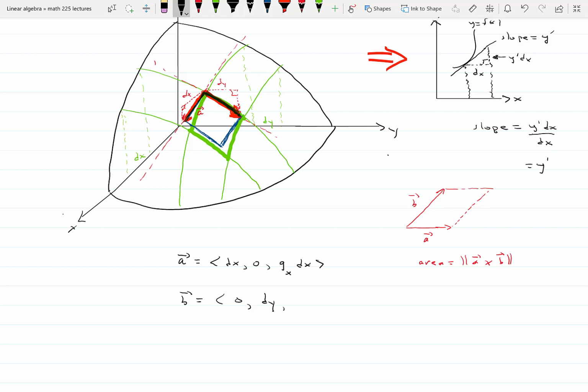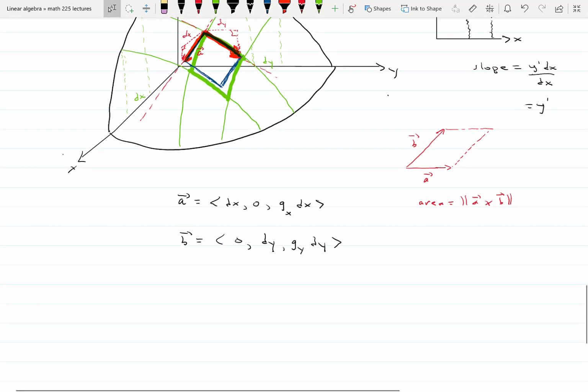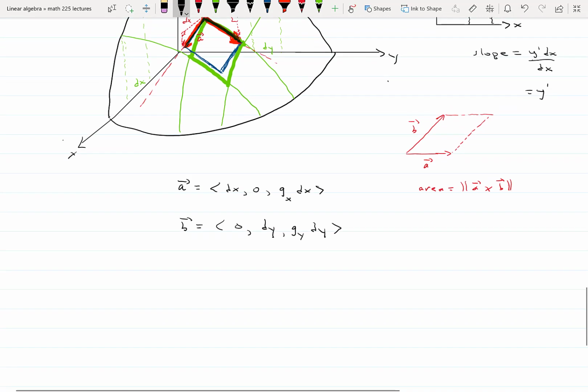Well, that tangent line along which I can place that vector b is in the y direction. And the slope with respect to y is the partial derivative with respect to y times dy. This is the hardest part of the derivation. It's over. The rest is now purely computational.